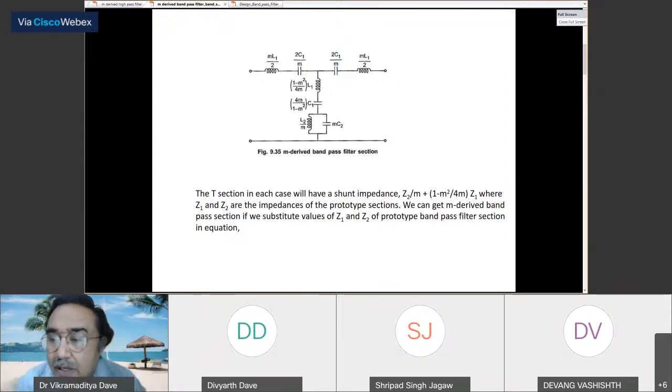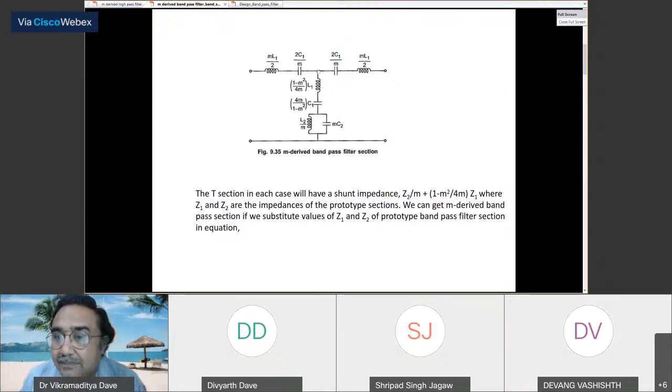Now, as far as the shunt arm is concerned, if you remember the fundamentals of the M-derived filter, the T section shunt arm consists of Z2 by M plus (1 minus M square) upon 4M into Z1. We just substitute the values and we get this arm.